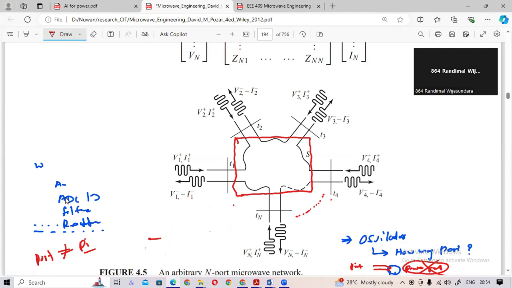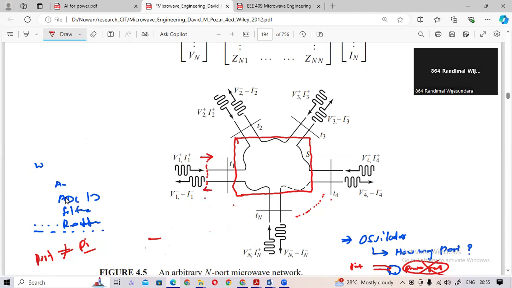And these are the voltages and currents. If you consider any port, there is an input current and voltage as well as a reflected or output current and voltage.